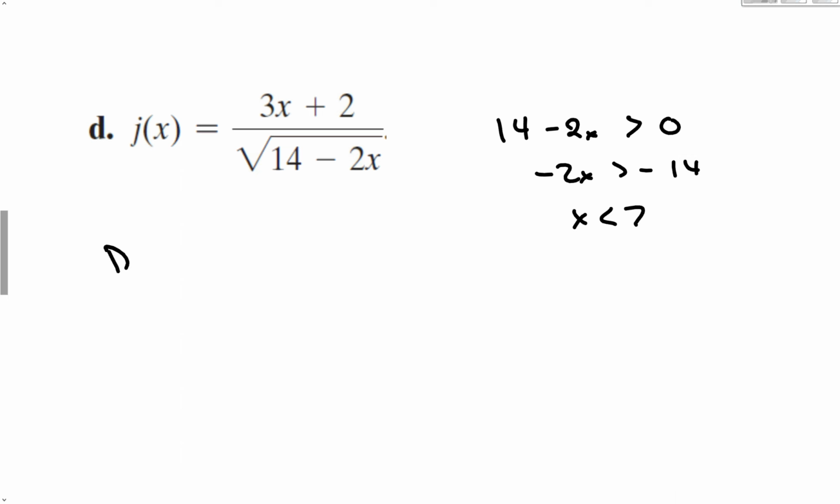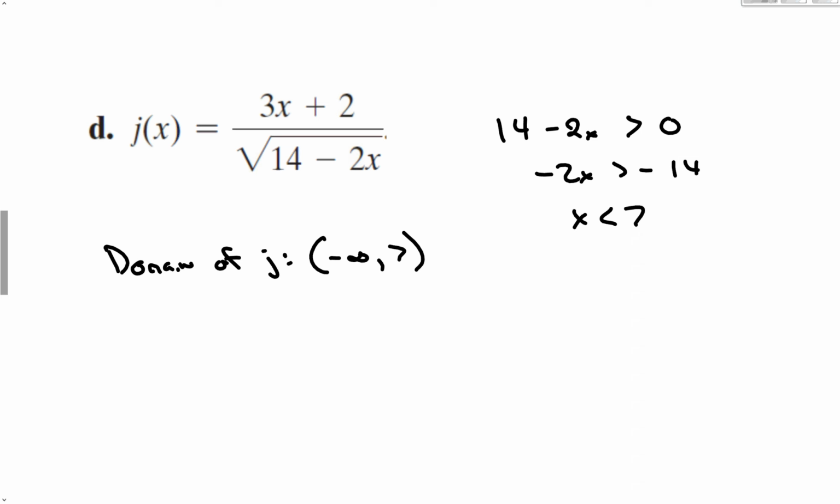So now my domain of J is all real numbers where x is less than 7. So I'm going to start at negative infinity and go to 7 with a parenthesis, not a bracket. Okay?